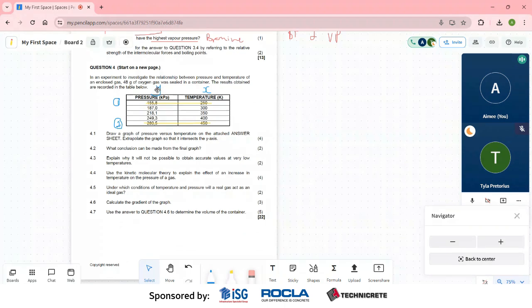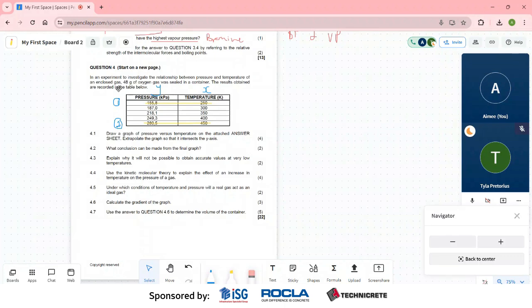They've given us the pressures, they've given us the temperatures, but the one thing that we don't know is the number of moles of oxygen, because they've given us set out values, right?